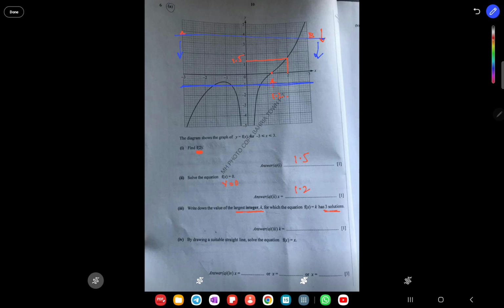You can see that over here it has three solutions. This is one solution, this is two solutions, and this is a third solution. Yes, the value of y can be this as well, but the question says it should be an integer, not a decimal, and it should be the largest number.